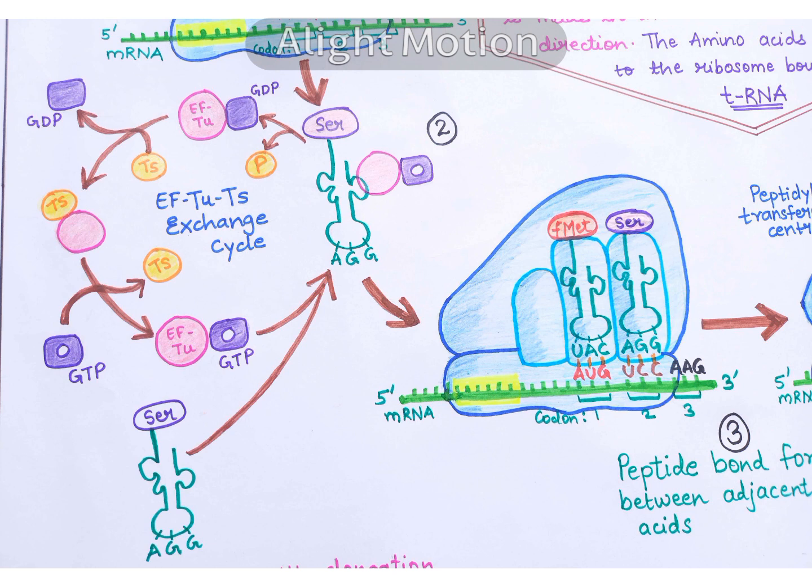This is the EF-Tu-Ts exchange cycle where the EF-Tu is recycled by the EF-Ts. First, a second elongation factor, EF-Ts, binds to the EF-Tu and displaces GDP.